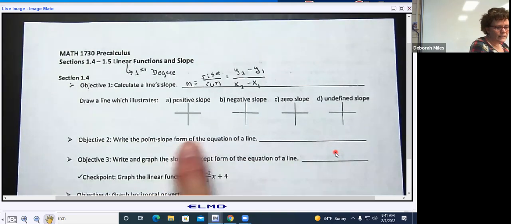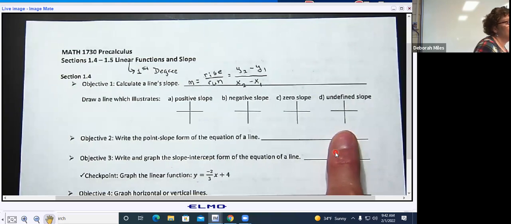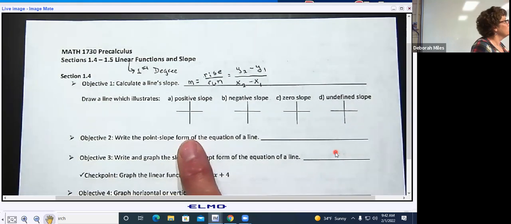Now, real quickly, see if you can get these for examples. Draw a line that illustrates positive slope. Any line. All of our lines could be in different places. But if they have positive slope, there's something they all have in common. What is it that they all have in common?